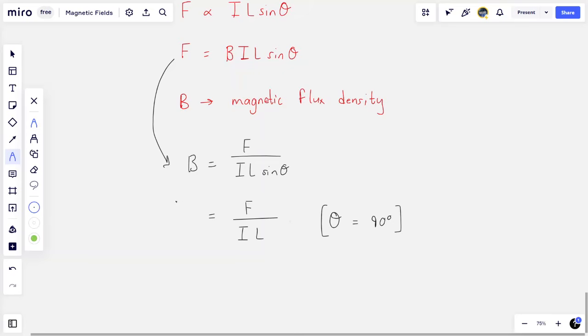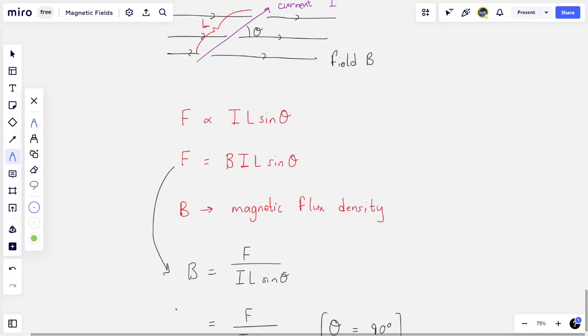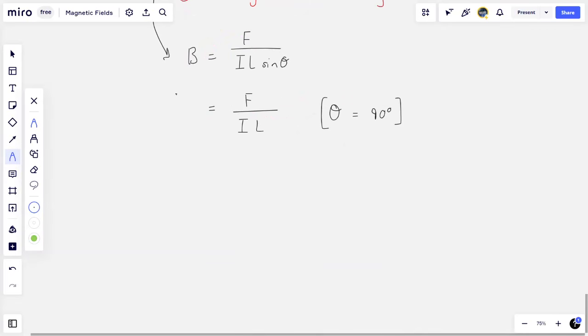The definition arises from this equation. And so if theta is equal to 90 degrees, F is simply BIL. F is BIL when theta is 90 degrees. And B is equal to F divided by IL.